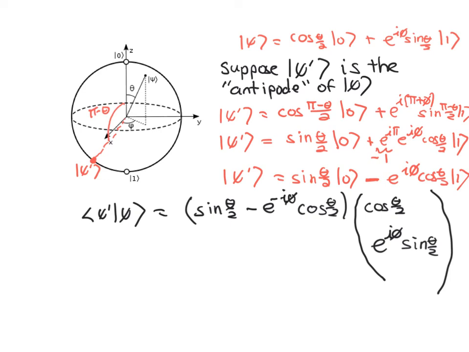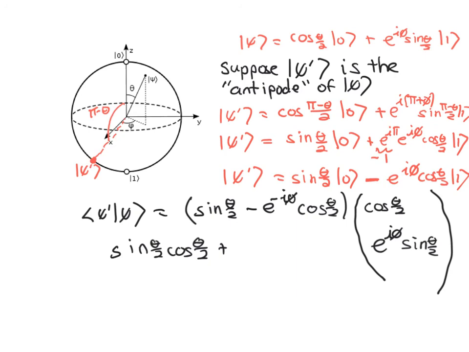And what do we get? It's the first times the first, so we get sine theta over 2 times cosine theta over 2, and then plus the second term times the second term.